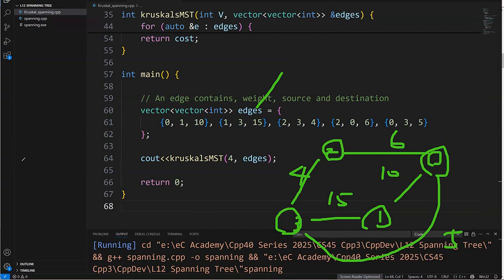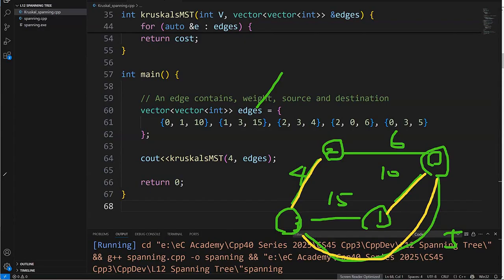So I think you pick this one, this one. This one will not be picked because it would make a circle; the two nodes have already been connected. Then you pick this one. That would be your Kruskal minimum spanning tree.